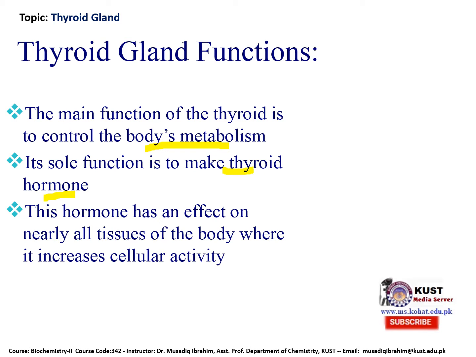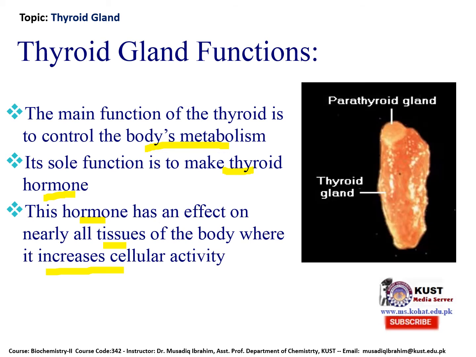Now the hormone synthesized by the thyroid gland has effect on all the human body and the tissues of the human body, and the function which is performed by the hormone secreted by the thyroid gland is to increase the cellular activity, as a result of which the metabolism of the cell increases.